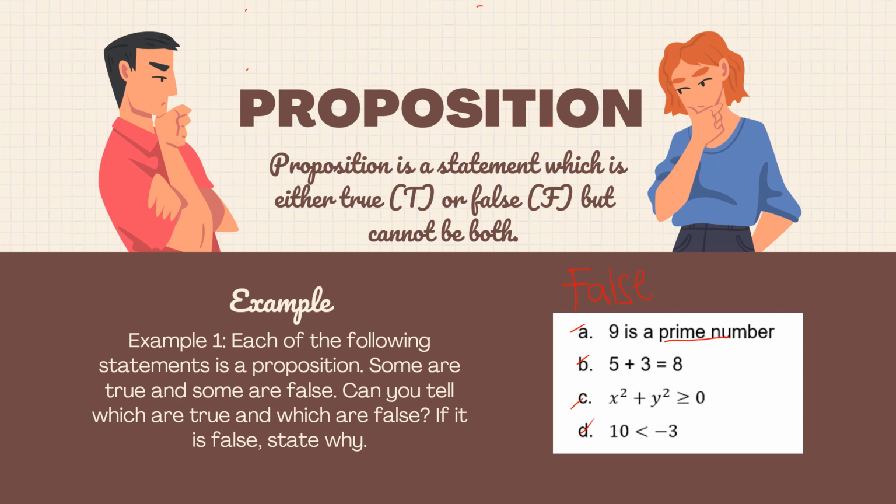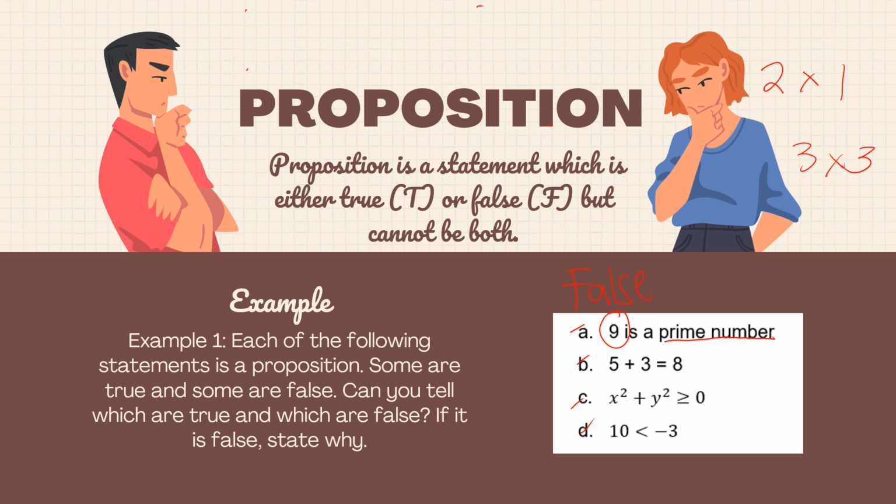Because prime numbers are numbers that have a factor of itself and 1 only. For example, 2 is an example of a prime number because 2 has a factor of itself and 1 only. So 2 times 1 is equal to 2. There's no other factors. But 9 has another factor which is 3 times 3. That's why it's false.